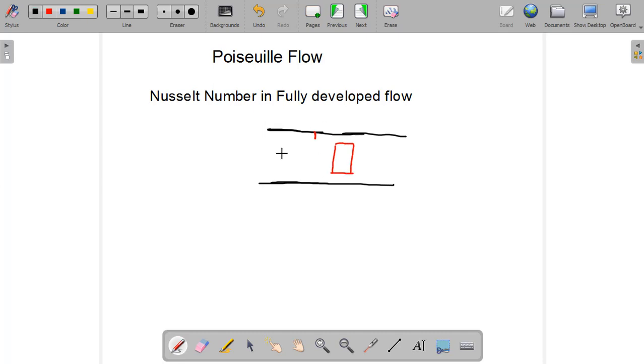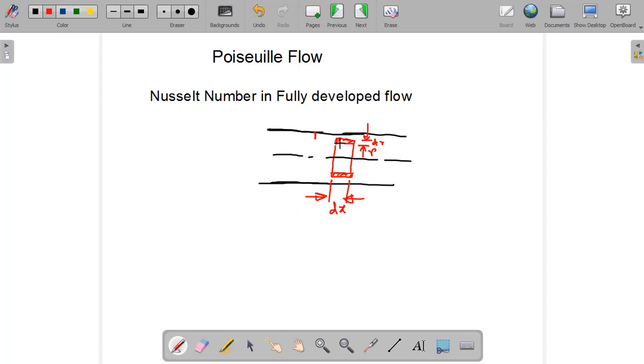This is the axial location, and our element is basically this annular element of length dx. So this is the differential element, at a distance r, of thickness dr.